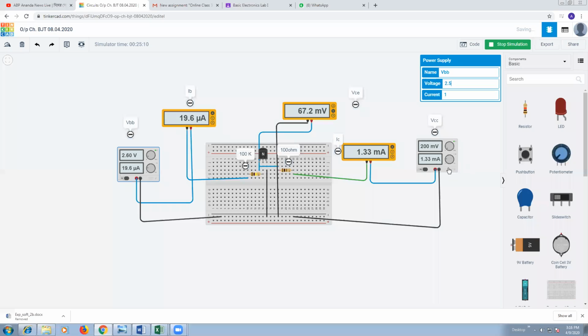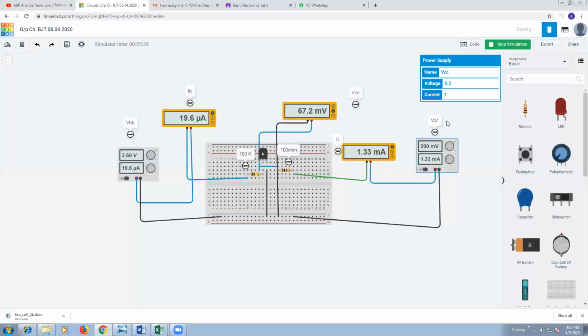Then we go for VCC. Starting with VCC at 0.2, we can see the corresponding VCE is 67.2 millivolt and the corresponding IC is 1.33 milliampere.